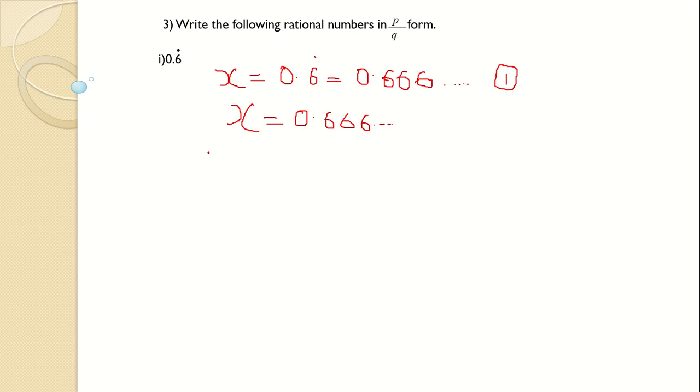Okay. Now when we multiply by 10, you will get 10x is equal to, when we multiply, the decimal point shifts to the right. When we divide, the decimal point shifts to the left. When we divide, the number becomes smaller. When we multiply, the number becomes bigger, like that. So that will become 6.666 and goes on.